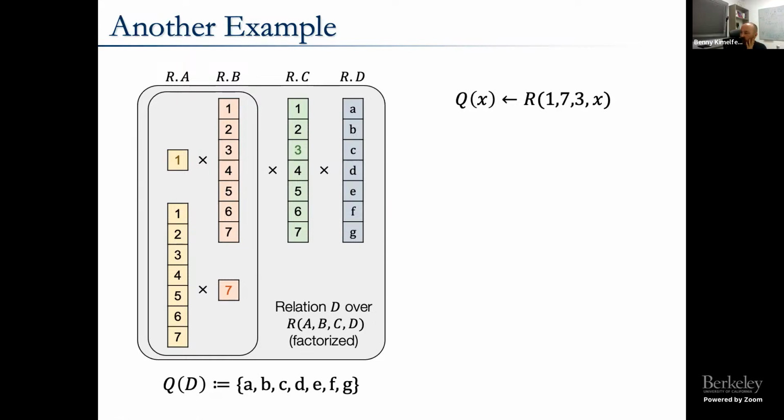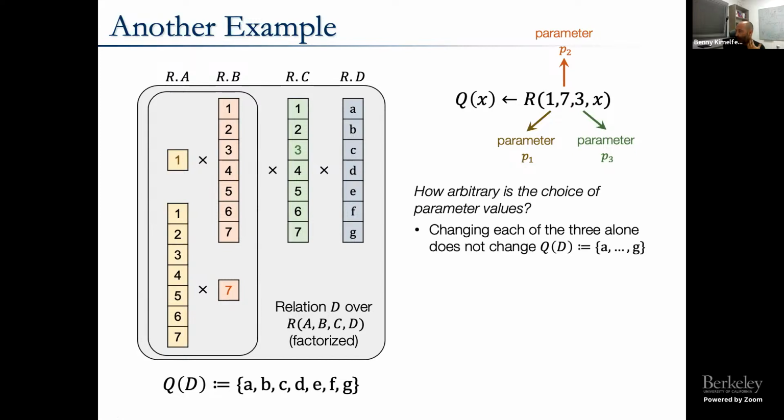What's interesting in this example is that whatever change you make to your parameters, it won't change the query. We have here 3 parameters, but we can see that 1 and 7 are quite particular, whereas 3 is really arbitrary. But again, changing each one of them doesn't change the output.